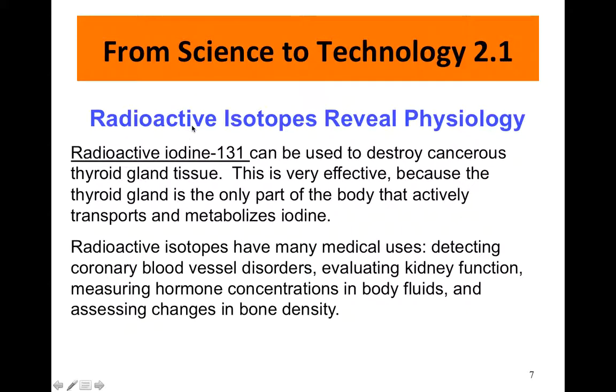Since our thyroid gland is the only part of our body that uses iodine metabolically, we can use radioactive iodine to attack a thyroid tumor. The purpose of the radiation is really to mutate the DNA within that tumor. So the radiation will go in, cause a mutation in the DNA of the cancer cells, and hopefully stop those cancer cells from spreading.